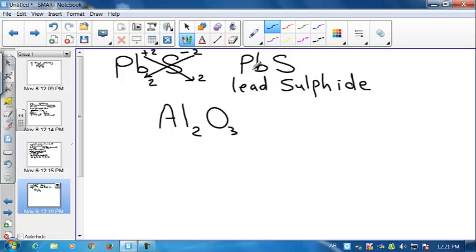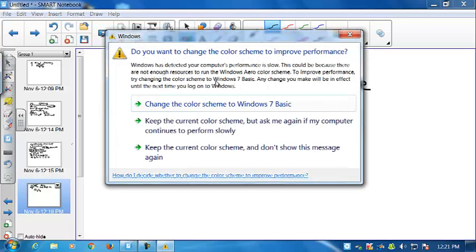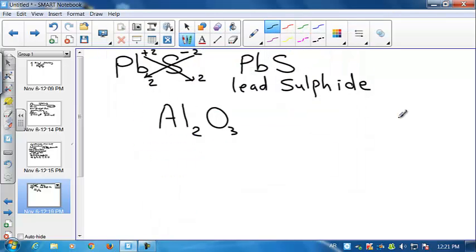So simplifying the subscripts, if they have a lowest common factor, is not changing the formula. But if you have Al2O3 and you make it AlO3, you are talking about a different formula. You cannot do this.